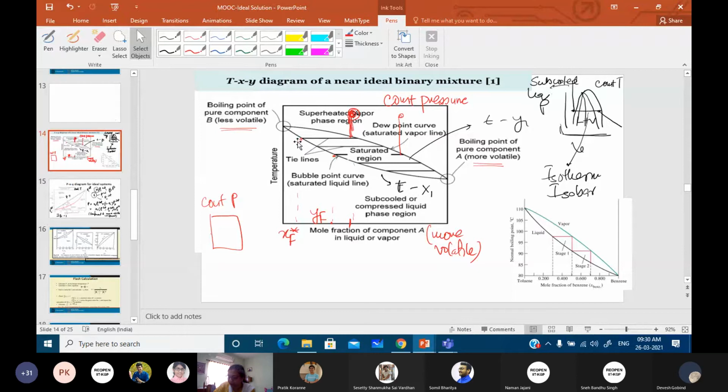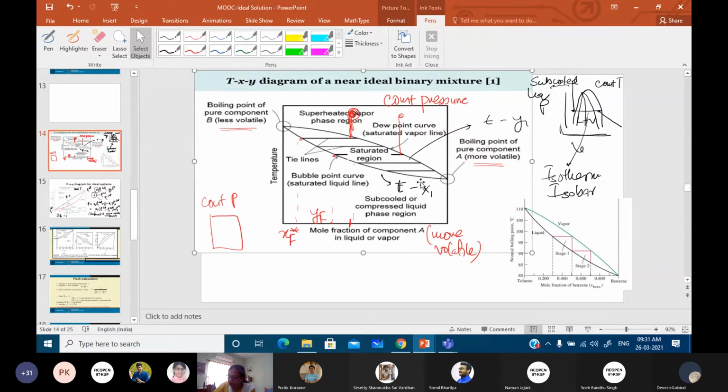The point where it touches the saturated liquid curve gives you the composition of the saturated liquid in equilibrium with this saturated vapor. Therefore, depending upon the composition of the saturated vapor, we get different points here corresponding to the composition of the saturated liquid.